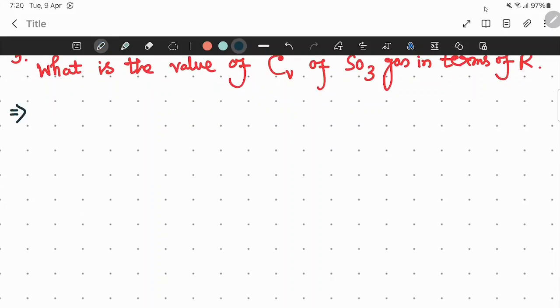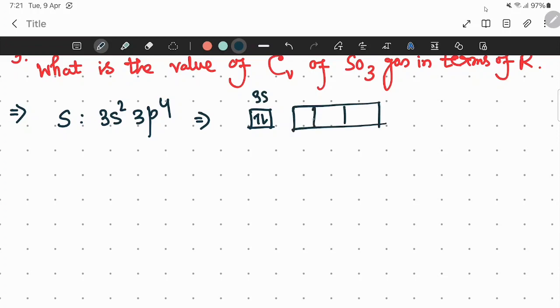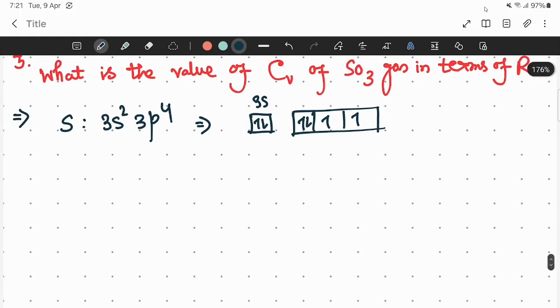Okay. How does SO3 look? Sulfur is 3s2 3p4, and probably this will be the hybridization, and with oxygen, one will be unpaired.